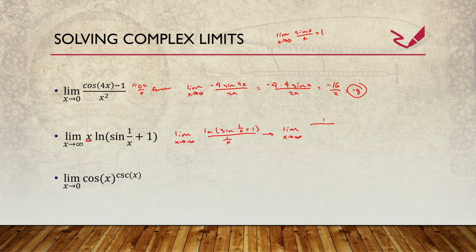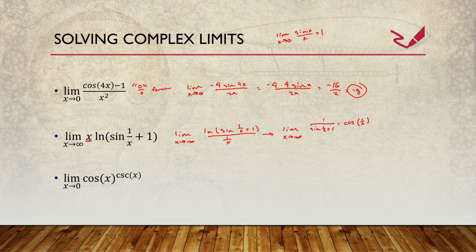It will be 1 all over sine of 1 over x plus 1 multiplied by the derivative of sine of 1 over x plus 1, which equals cosine of 1 over x, and then you have to multiply it by the inner function again, because sine has 1 over x. It's not just x itself.